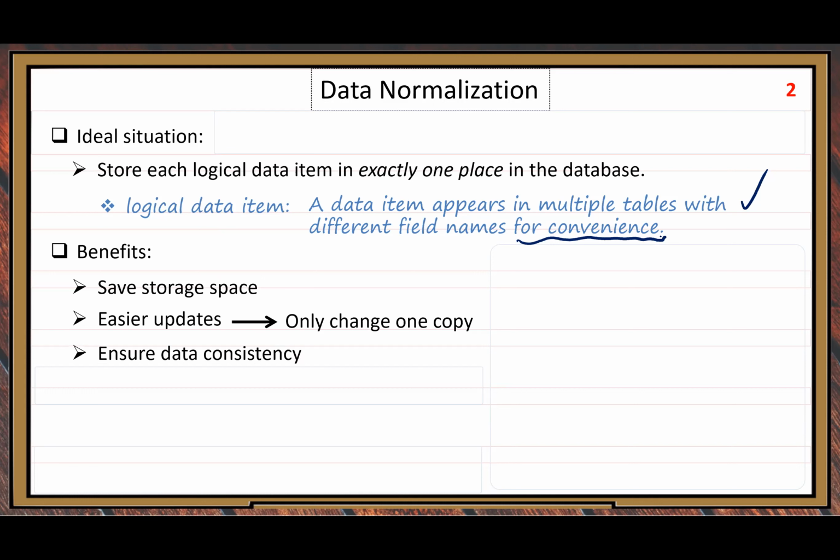Ensure data consistency, that's also a good one. You change one place and you do not need to look at other places, because you only have one logical data item there. There is no inconsistency. You don't worry about the inconsistency problem caused by updating that logical data piece.